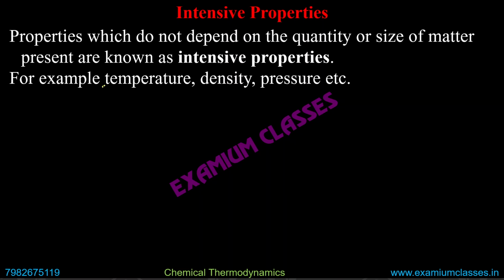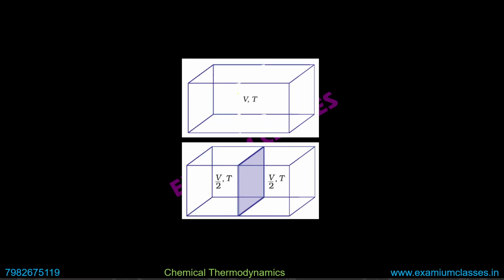For example, you have seen that temperature did not change, and density will not change either. If I show you the same example here, whatever is the density of air here, the same density of air will be here. Suppose you have one room and you divide it into two parts, it will not change the air density in that room. In your house, if you have 4 or 5 rooms, every room will have the same density.